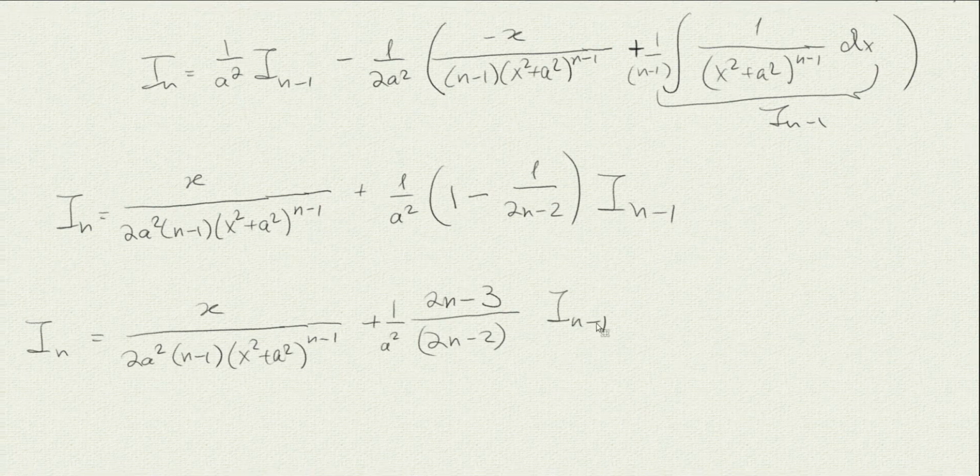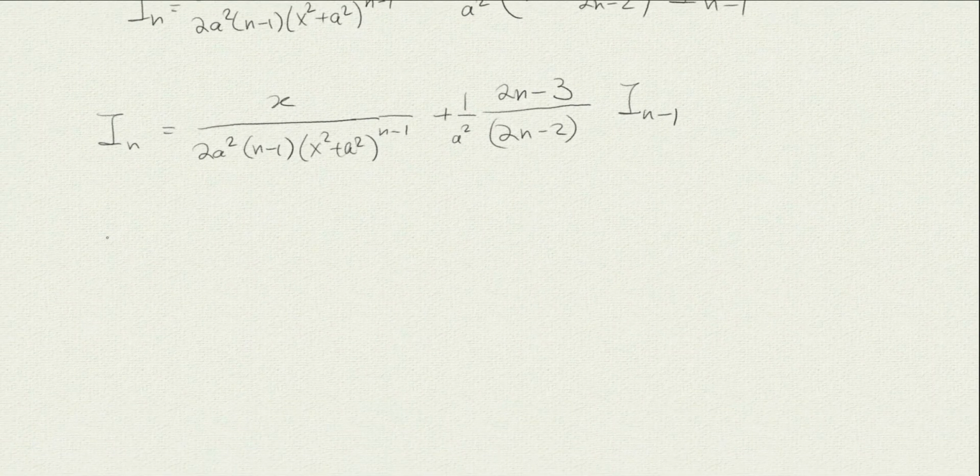So, for example, if we were to integrate 1 over x squared plus a squared to the power of 2, here n is equal to 2. So this is I_2, right?